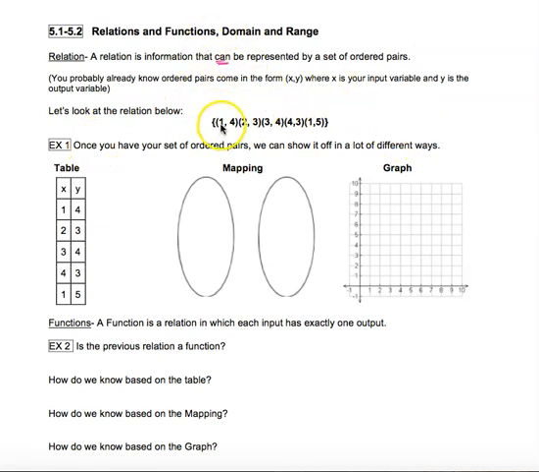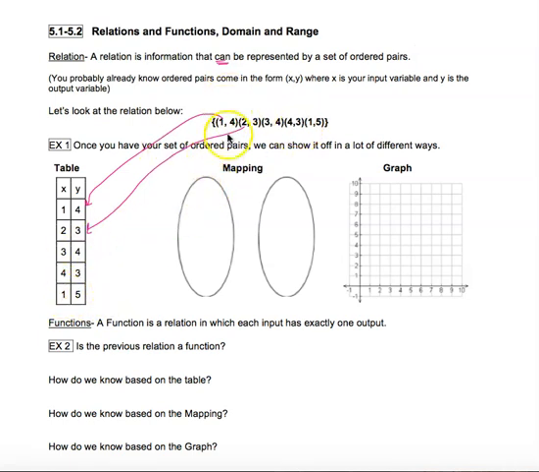So this first x is paired with this first y, so they go right in the same row of that table. Then I have 2, 3, so 2 is the x, 3 is the y, 3, 4, 4, 3, and 1, 5.